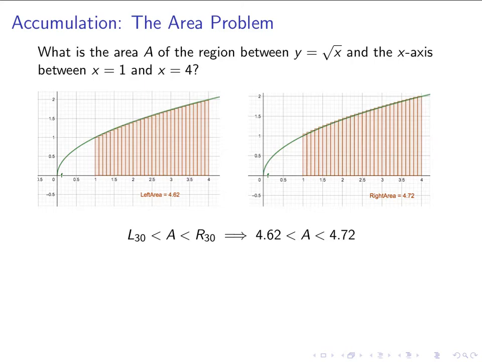And if I ask a computer to calculate these values, it tells me that the left rectangles add up to 4.62 and the right rectangles add up to 4.72. So I'm getting a much more accurate idea of what the actual A should be. It's going to be somewhere in between 4.62 and 4.72 because of these two calculations.